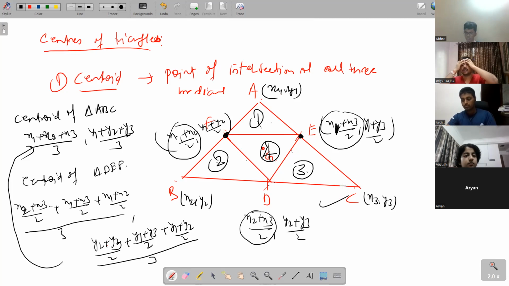So note it down: triangles formed by joining midpoints of sides will be congruent to each other. 4 triangles will be formed and all triangles will be of equal area because they are congruent.